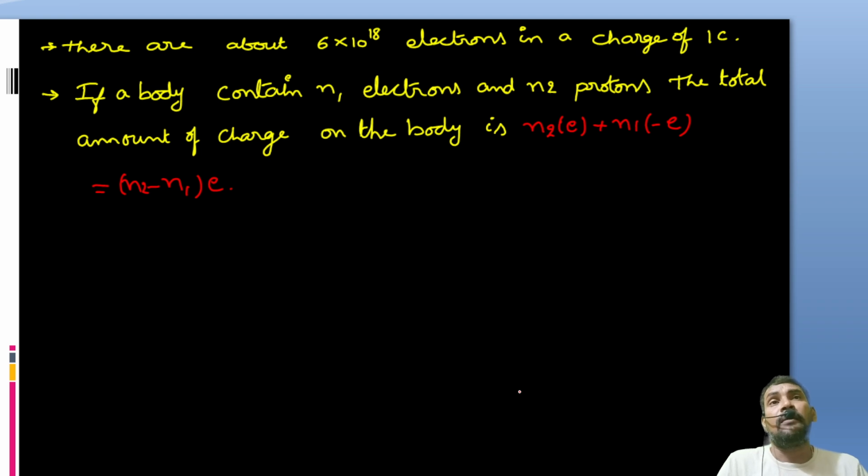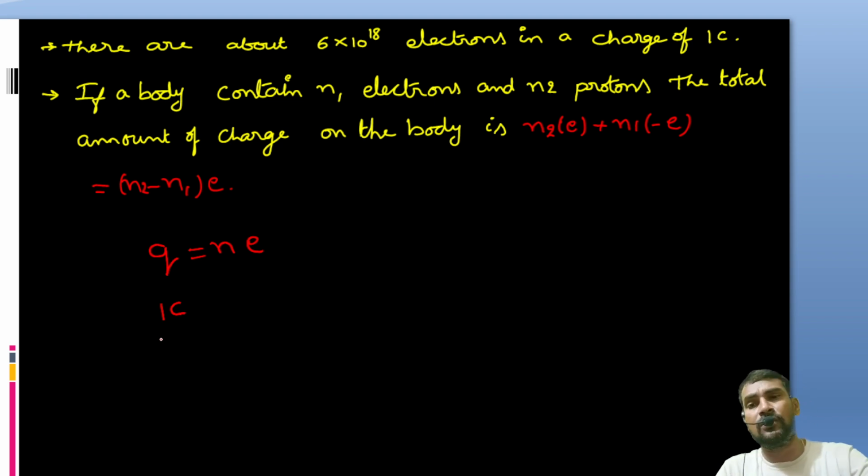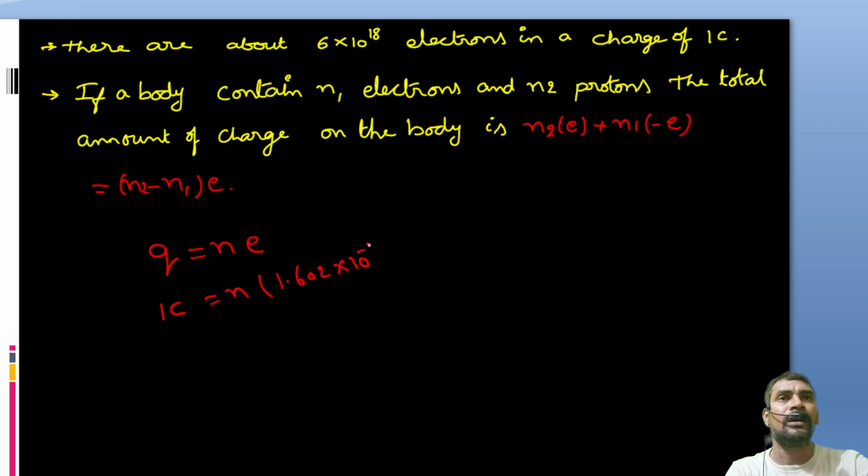So there are about 6 into 10 to the power of 18 electrons in a charge of 1 coulomb. How did we get this? Let us see. We know that according to quantization of charge, Q is equal to N into e, where e is the charge of the electron and N is the number of electrons. So here the charge is 1 coulomb, equal to N into the magnitude of the charge of the electron, 1.602 into 10 to the power of minus 19.